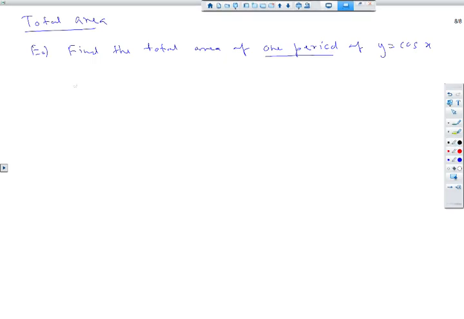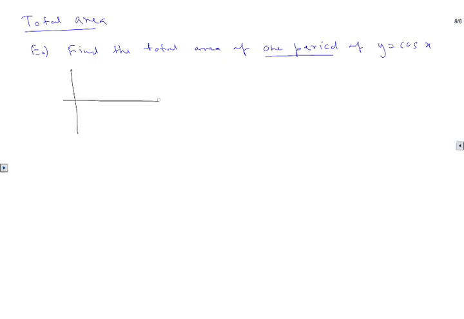So let's look at the graph. You can see the cosine graph looks like that: 0, pi, 2 pi. So this is a cosine graph, but you can see that one is a positive area, one is a negative area. Then we have to split the integral between the two.